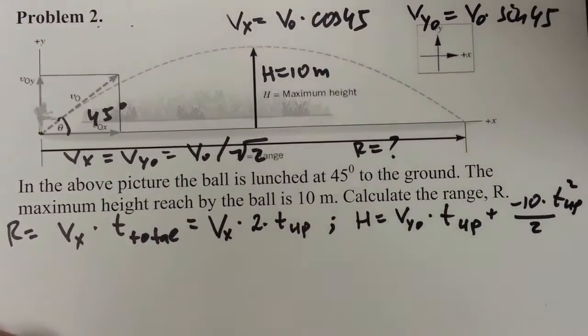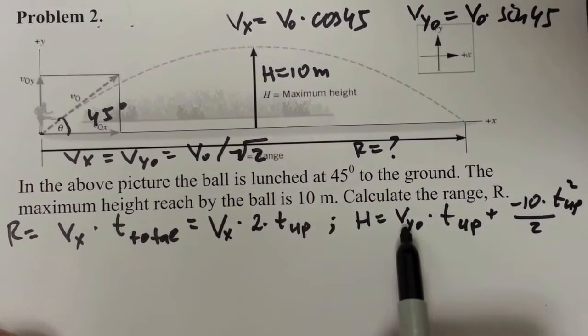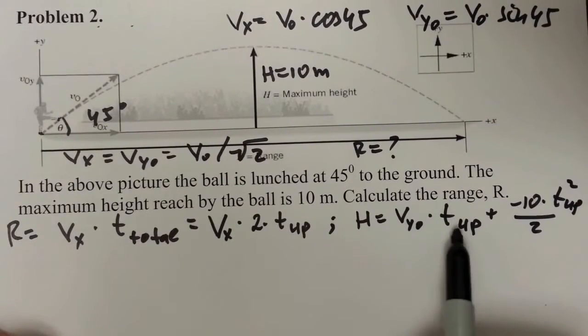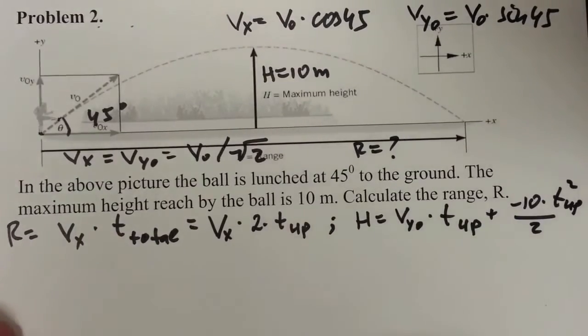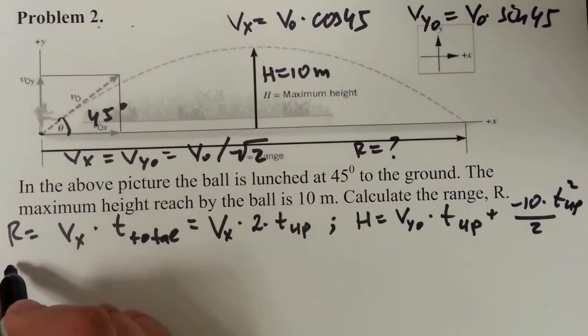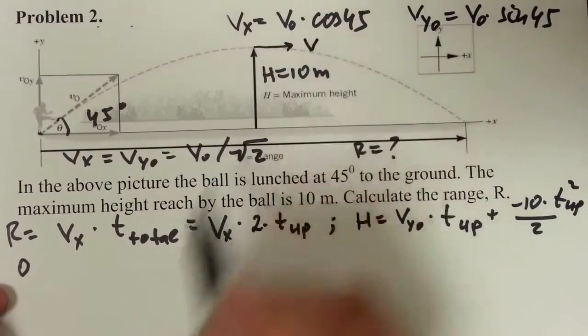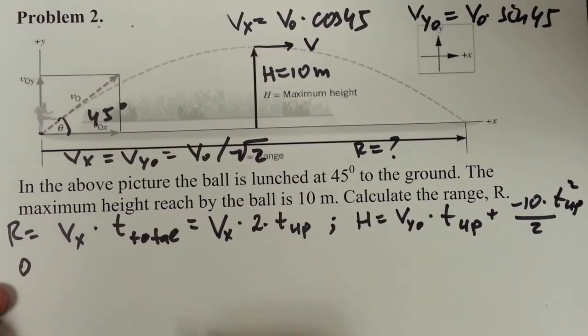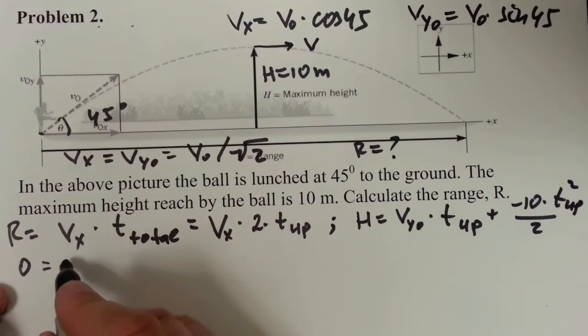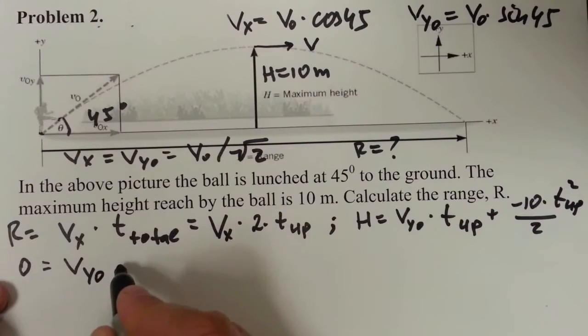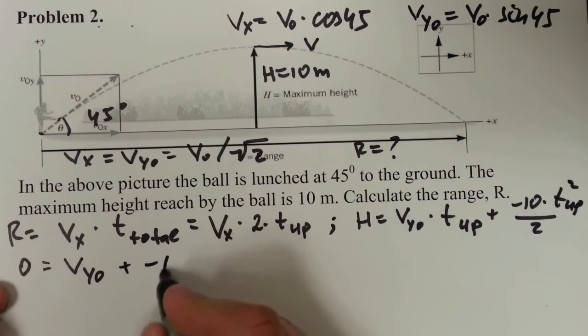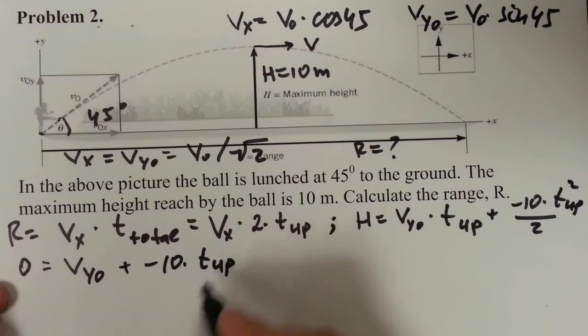this equation has two unknowns, the vertical component of initial velocity and time up, so we cannot use this. Well, we have three equations, which we always can use. The second equation is the velocity equation. So at the highest point, the velocity has no vertical component. Still doesn't help.